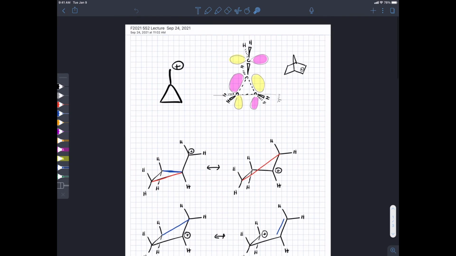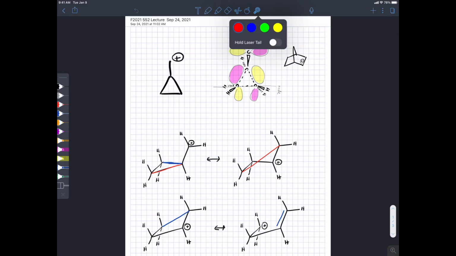And the reason for this, we said, was overlap of one of the highest occupied orbitals on cyclopropane with the empty p orbital on that CH2 carbon, or the interaction of the 2py orbital from a bent CH2 with the group orbitals for cyclopropane. And this is the LUMO. This shows the positive charge being delocalized onto these carbons.